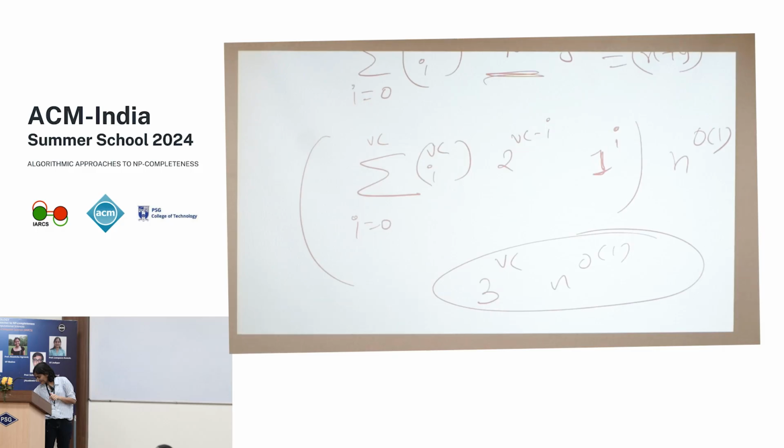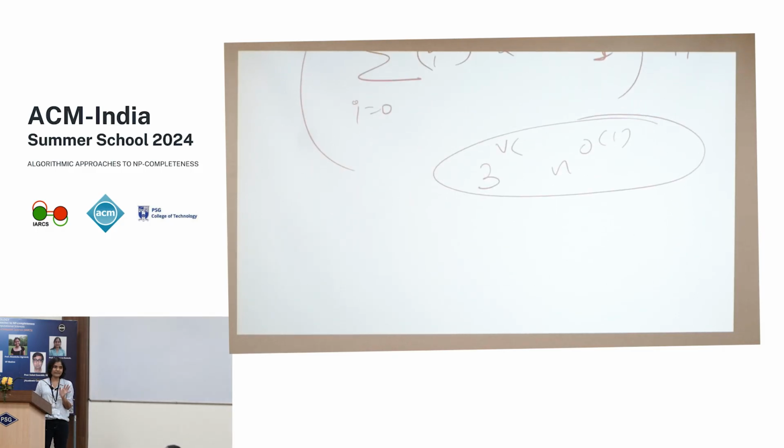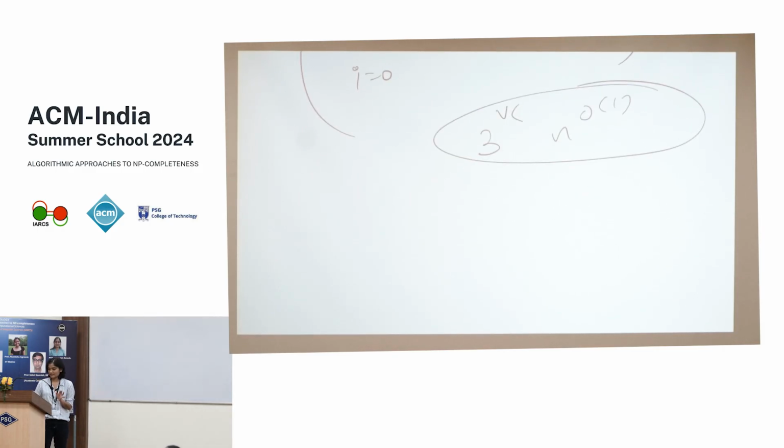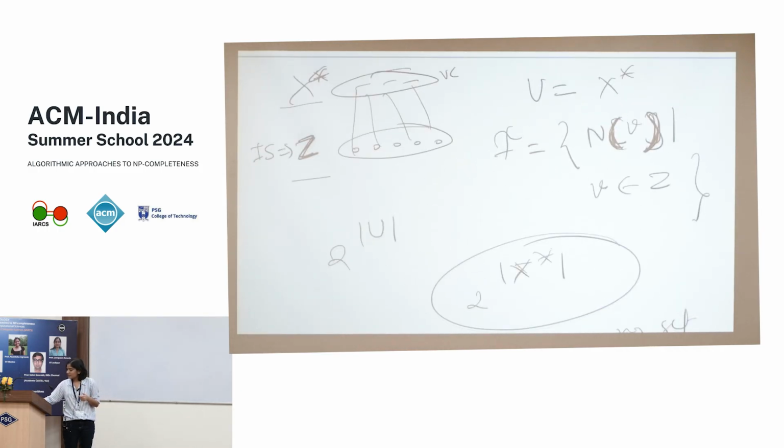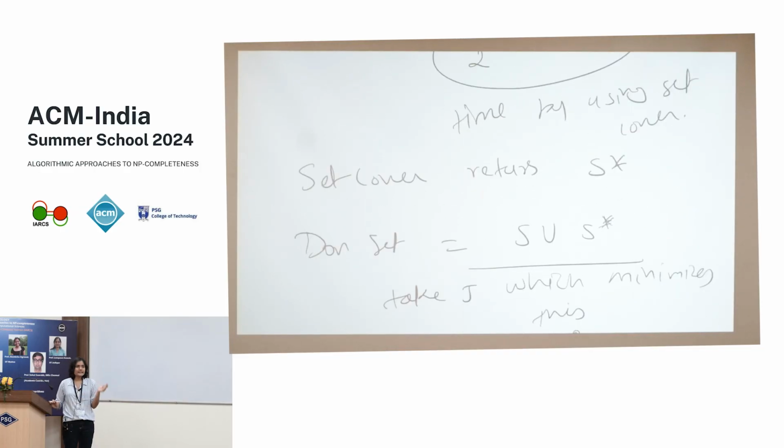Okay, so we still have some time. I will take 5-10 minutes extra and give you a better algorithm. So I can solve it in 3 power vertex cover time. But here what are we doing? We are doing this set cover for every set, right? Maybe we can do something better here.